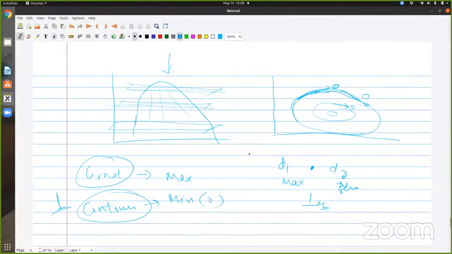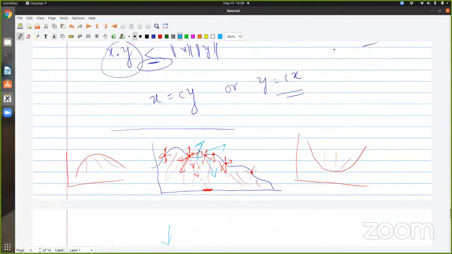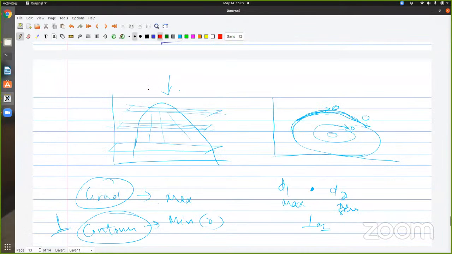So yeah, why is it 0 along the contour line? How did you get the contour line? We got the contour line by slicing. You said slice the hill kind of thing, and we got the contour lines by looking from a top view. Right. So you put these discs horizontally, and let's say this is the value of the function, f of x comma y.